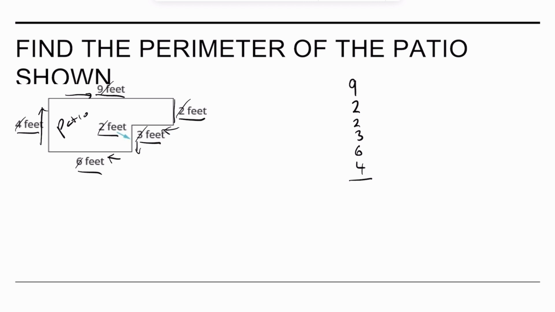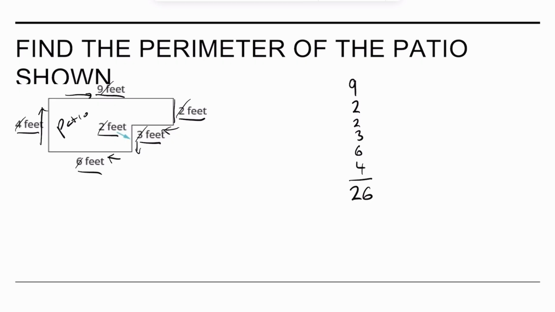And so now we can add them together. We don't really need to do a vertical column, but it's good to get in the habit of it, just because there's less than 2 place values. And so we've got 9 plus 2, which is 11, plus 2 is 13, plus 3 is 16, plus 6 is 22, plus 4 is 26.